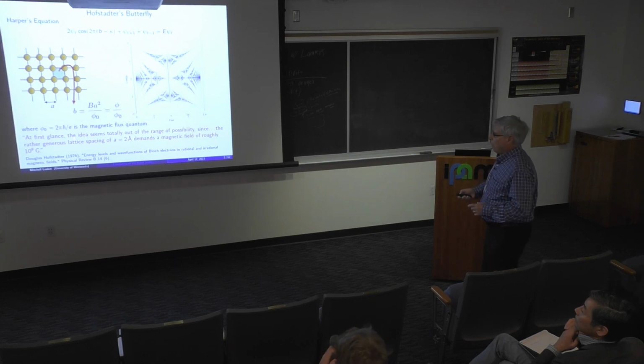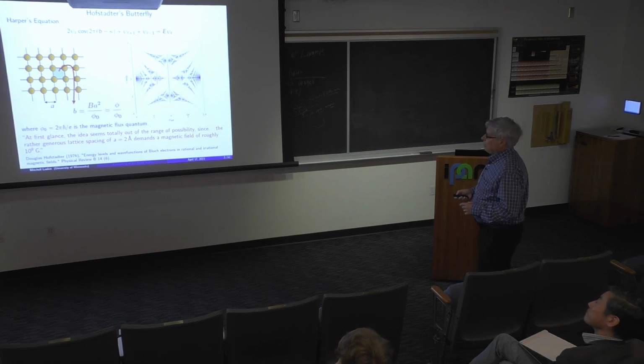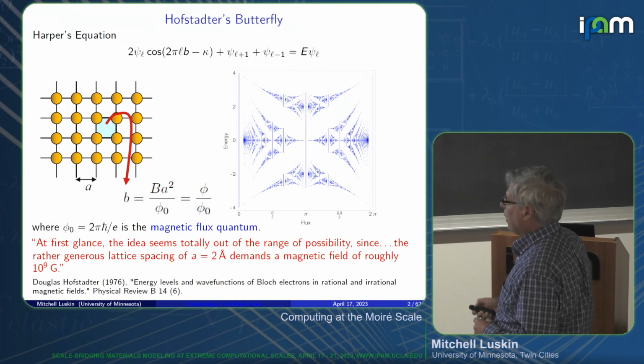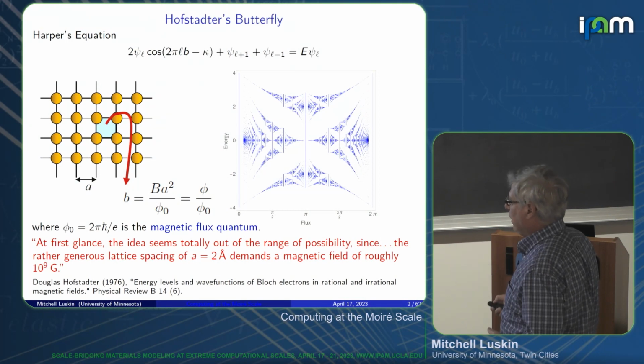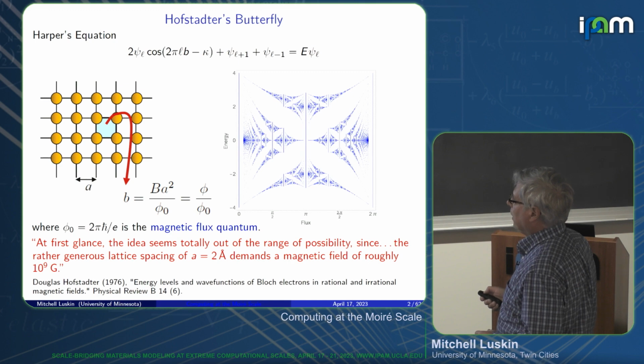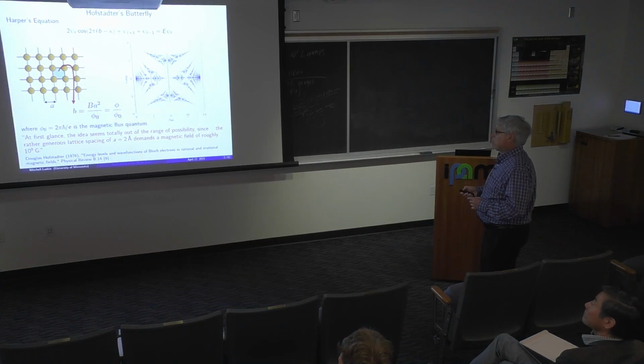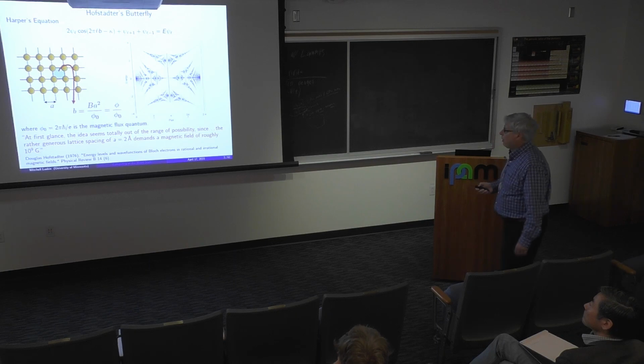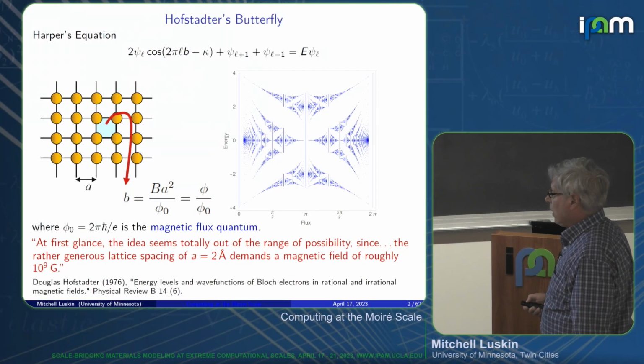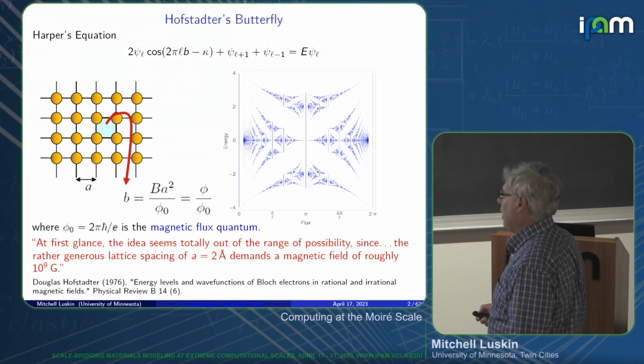You then say, okay, I want just some periodic structure in the y coordinate, which relates to the k, and then what I derive is this 1D problem in the x direction, and psi is the wave function value at lattice point L. B is a dimensionless flux.